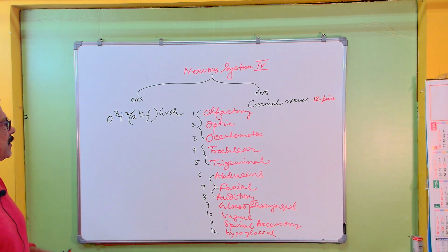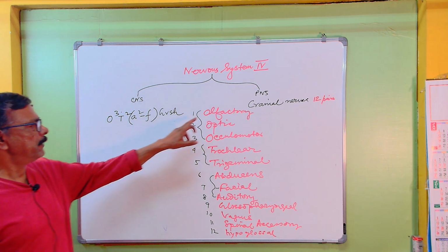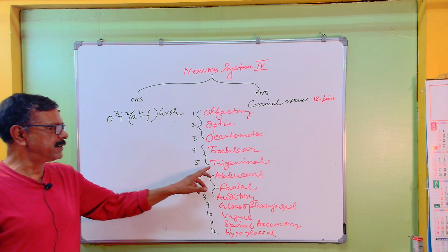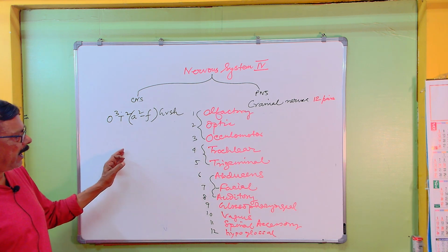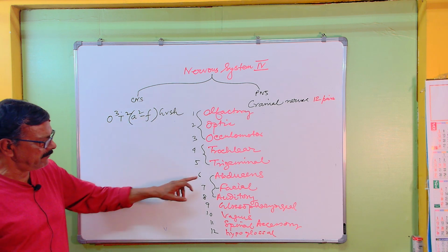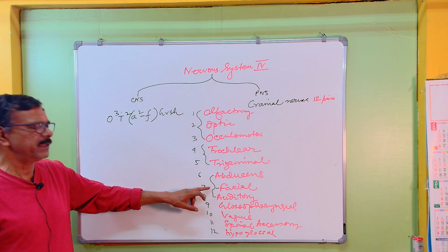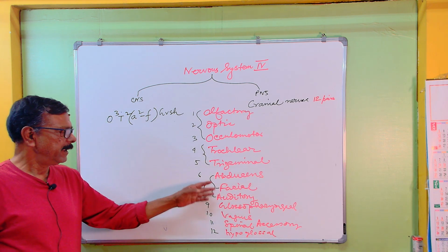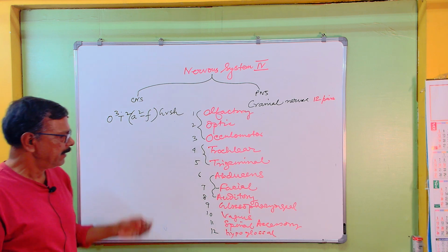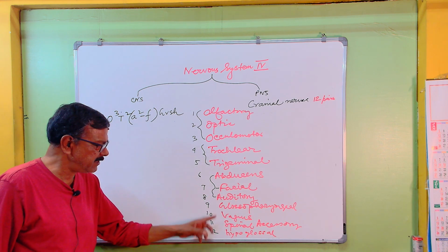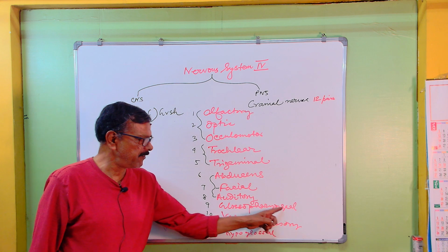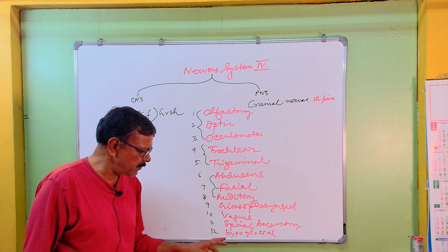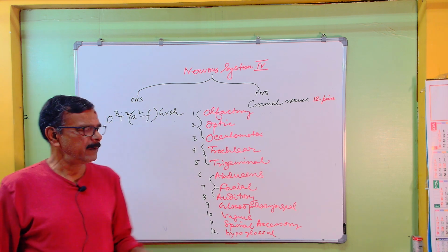The formula is O cube: olfactory, optic, oculomotor. T square: trochlear, trigeminal. A square minus F: in between the two A's there is F, abducens, facial, auditory. And then GVSH: glossopharyngeal, vagus, spinal accessory and hypoglossal.